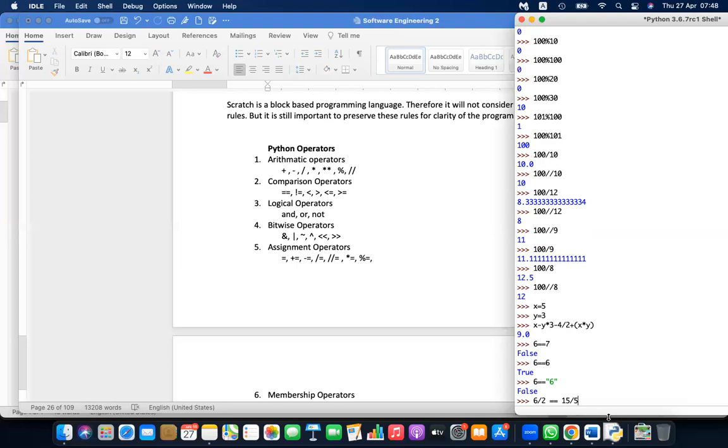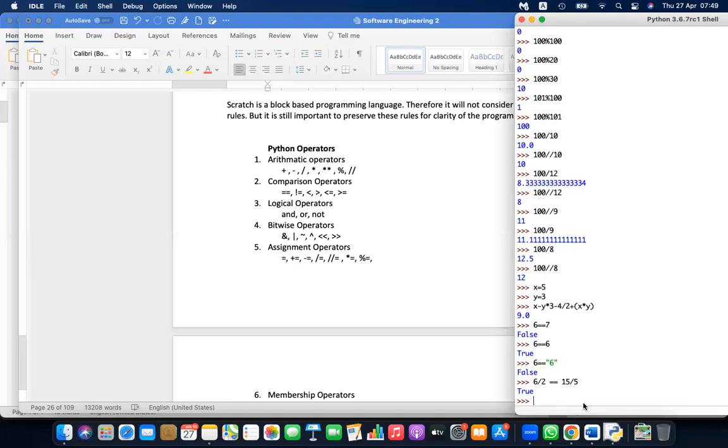Yes, it is, because 15 divided by 5 is 3 and 6 divided by 2 is also 3. So it's equal. But if you try to do floor division, it says not here.